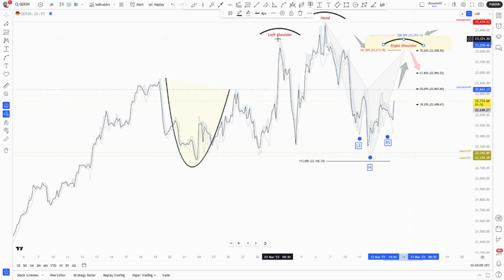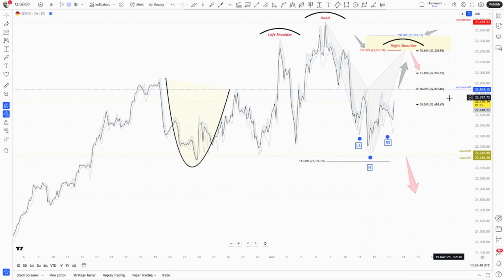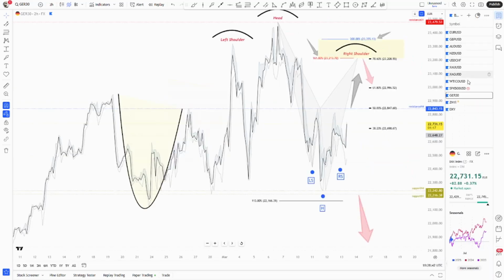At some point the price will approach the previous highs from the left shoulder, and we start to imagine the possibility for the head and shoulders to unfold for the German DAX. So let's observe how the market will unfold, but for now we are focused on this neckline for the German DAX. Of course, I don't need to reinforce this idea: if the price breaks below the levels of support, it will invalidate that possibility for that pattern to unfold and may trigger more momentum to the downside.